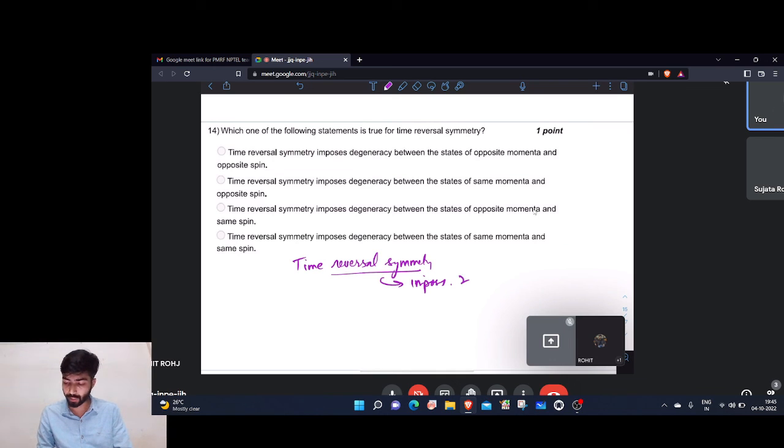One has a minimum of two-fold degeneracy for an odd number of particles, between the states of opposite momenta and opposite spin. Because when time reverses, let's say one particle has momentum L, it becomes minus L if one reverses the trajectory and the spin momentum. So the degeneracy comes between these two states of momentum, and the same with opposite spin. So it imposes degeneracy between states of opposite momenta and opposite spin.